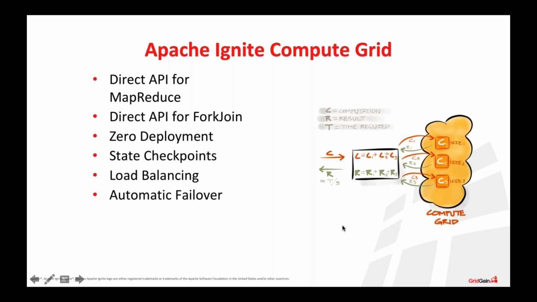When you decide to execute this computation from your application, the class definition of this computation will be automatically preloaded over the network, let's say on one of the server nodes, and after that the computation will be deserialized and executed. And when the class of this computation is no longer needed on your Apache Ignite cluster side, the class will be unloaded automatically for you. And also, as for the compute grid, for sure it supports load balancing and provides automatic failover guarantees.